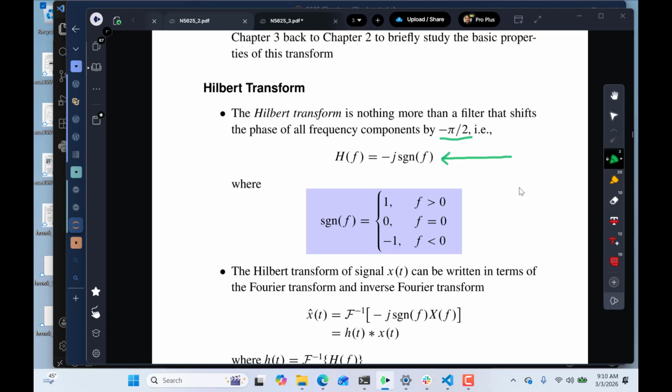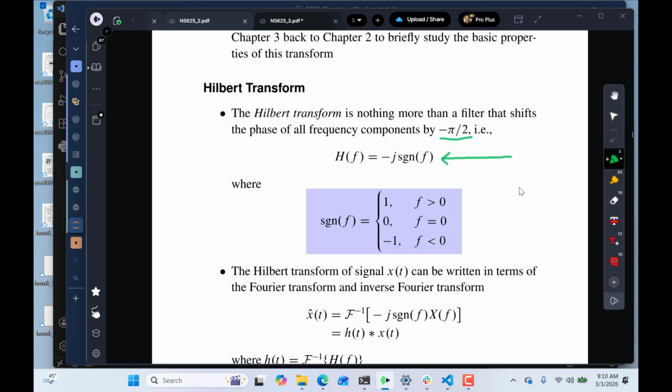Because phase on a real frequency response has to be an odd function, we end up defining the phase response, the 90-degree phase shift, with this function called SGN, the signum function. And in Python and MATLAB and so on, it's SIGN is the name of the function. So we have it available in our toolbox as well.